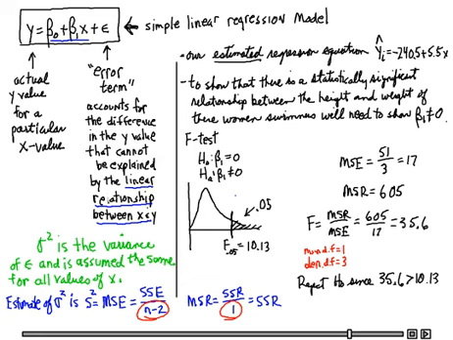The f-test is assuming that that ratio is close to 1 because we're assuming that beta sub 1 is equal to 0, and they would both be good estimates. When we test that against the f distribution, we can see if there's enough evidence to reject that assumption.